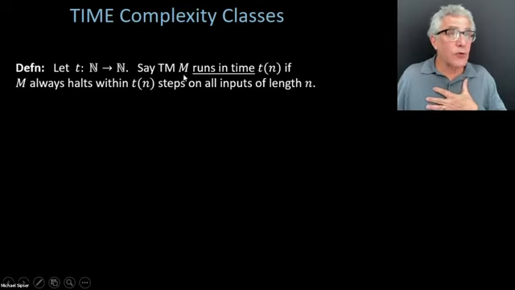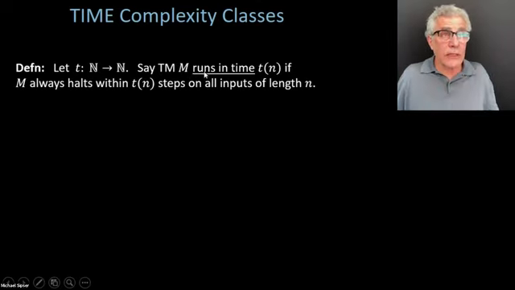First of all, if you have a Turing machine, we're going to say it runs in a certain amount of time. So if t is some sort of time-bound function, like n squared or n log n, we'll say the machine runs in that amount of time if that machine M always halts within that number of steps on all inputs of length n. So it always halts within t of n steps on inputs of length n.